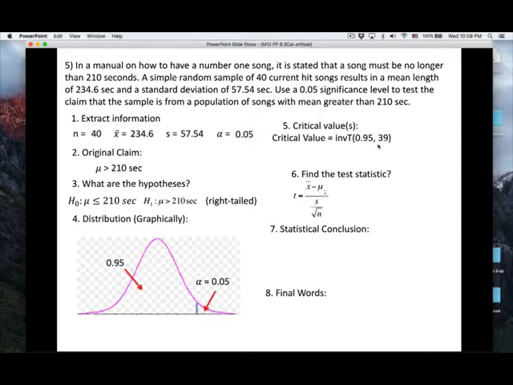Degrees of freedom, 39. So use the calculator, and you should get this one. Here, this point will be the critical value, equal to 1.685. Now, we're going to figure out our test statistic. You should get about 2.7.